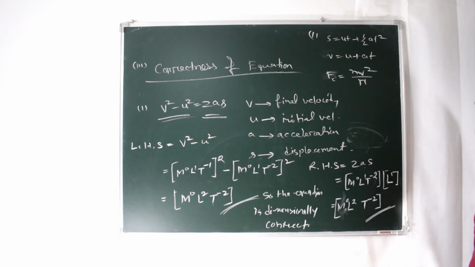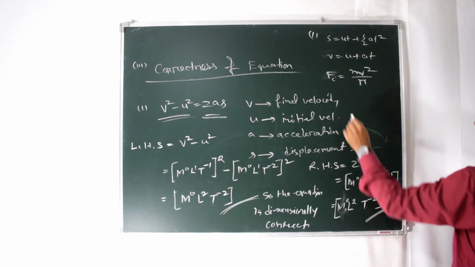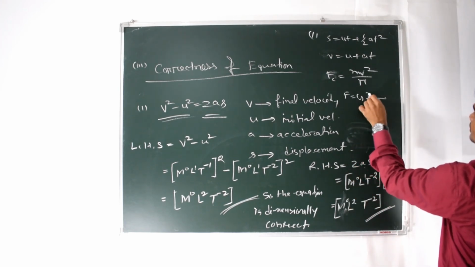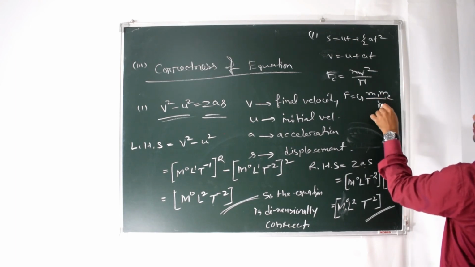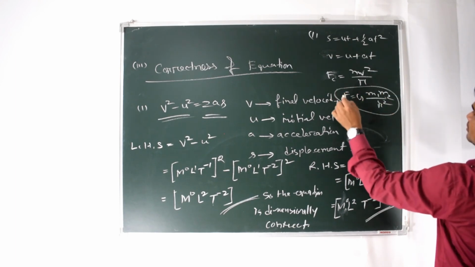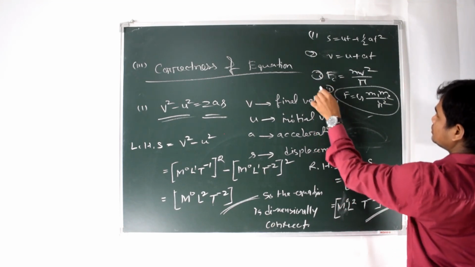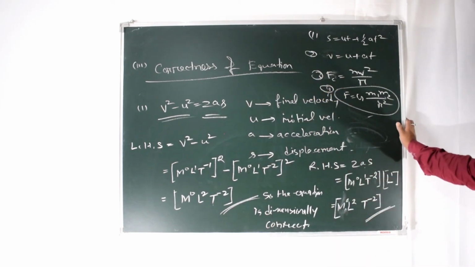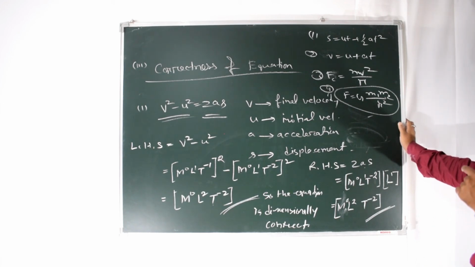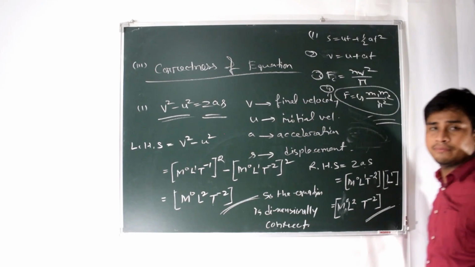F is equal to G m1 m2 by r square. Check whether these equations 1, 2, 3, 4 are correct or not at home and submit to me. Okay, thank you.